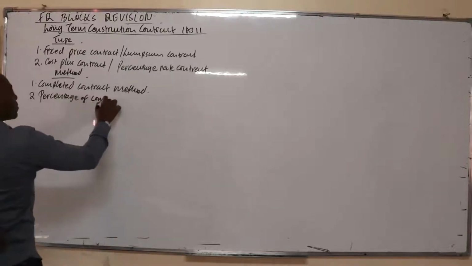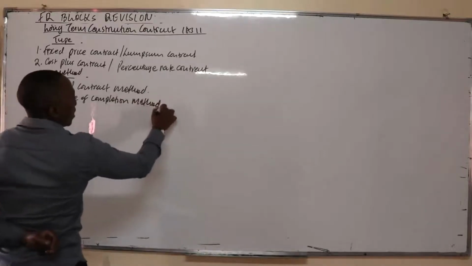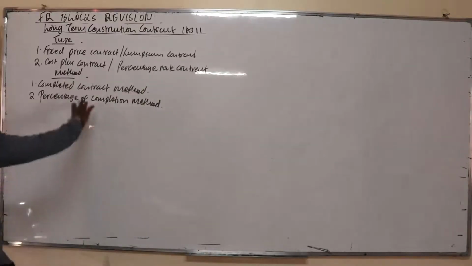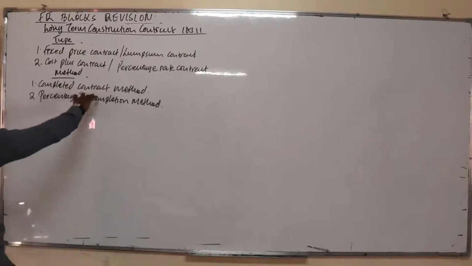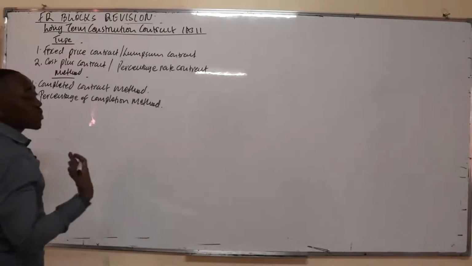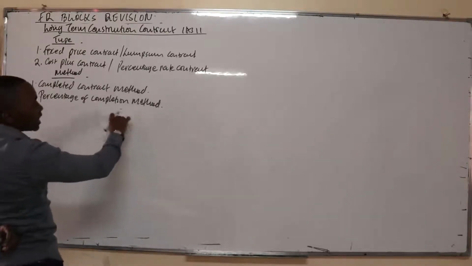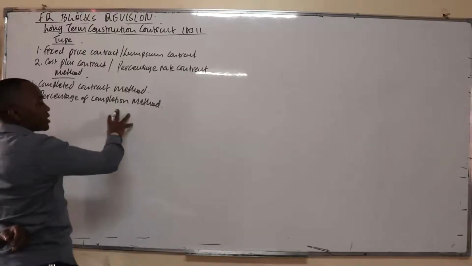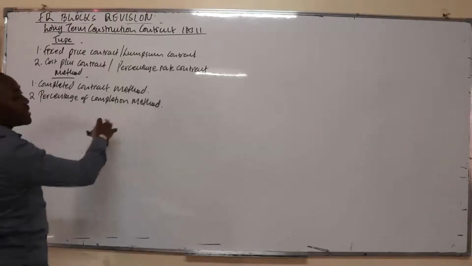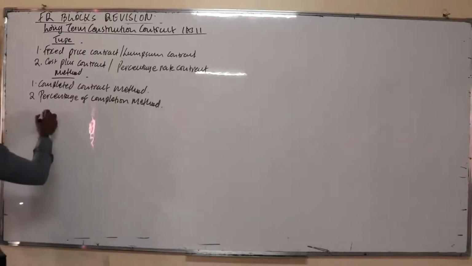Under the completed contract method, the profit or the revenue can only be determined upon the contract being completed. But under the percentage of completion method, the revenue, the cost, and also the profit can be determined as the contract progresses. And in this case, how do we determine the percentage of completion?